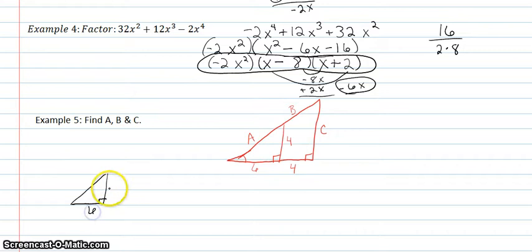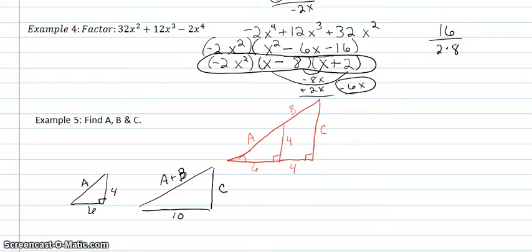Here I have a 6, a 4, and then A. And then for the larger triangle, I have 6 plus 4 on bottom. So that's going to give me 10. I just added those two together to get that total length. And then I have a C and an A plus B.